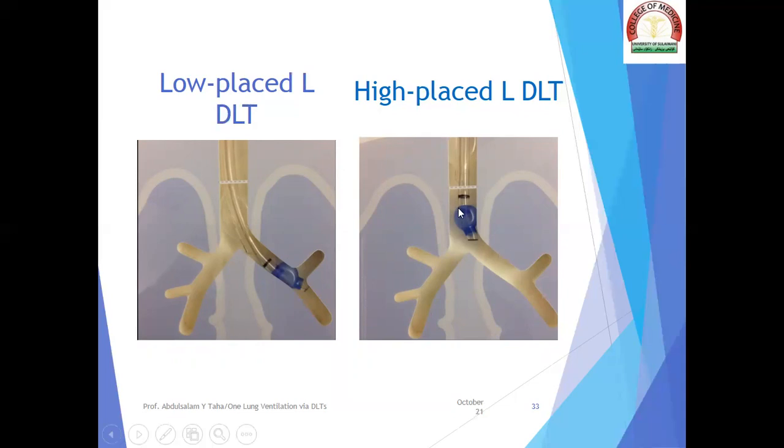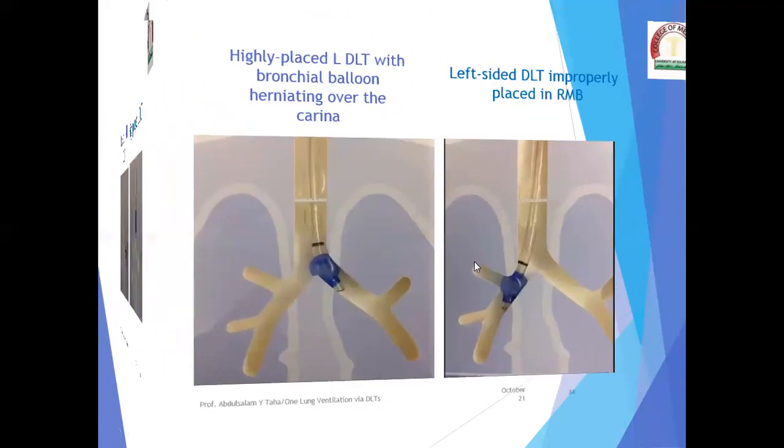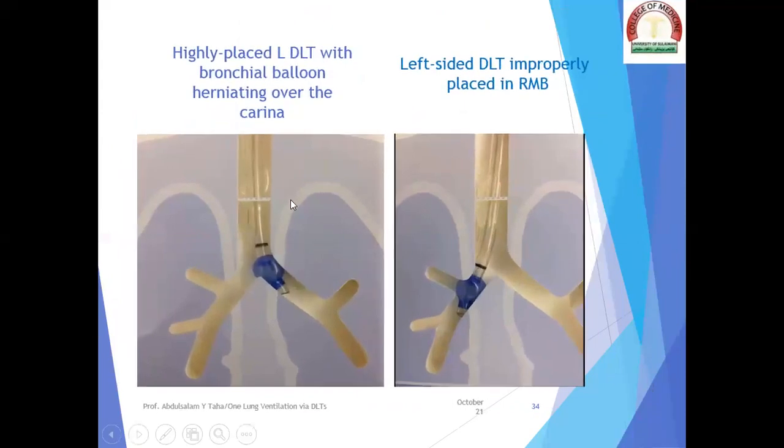And here you can see a high-placed left-sided double lumen tube in which the tube is positioned above the carina. Again, here we can see a high-placed left-sided double lumen tube with bronchial balloon herniating over the carina.